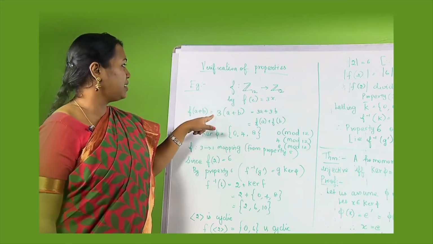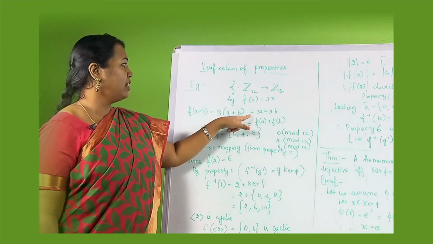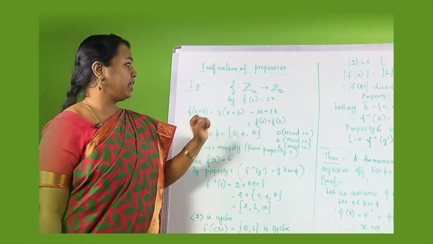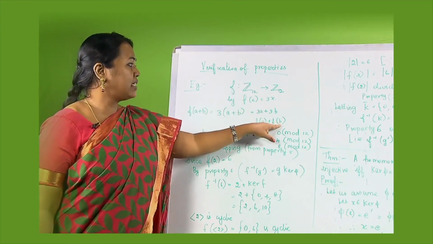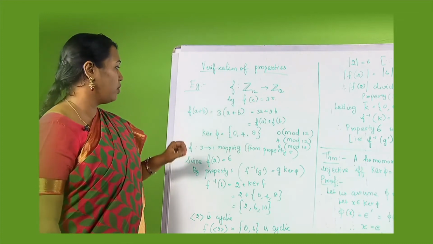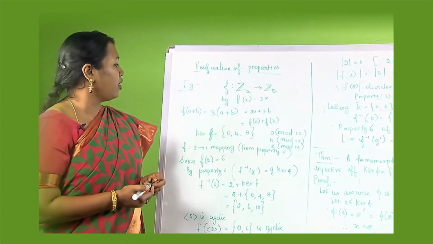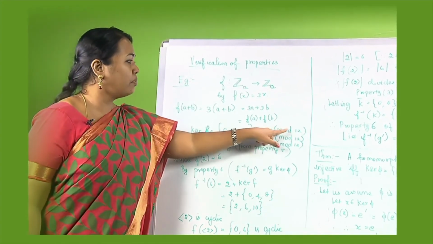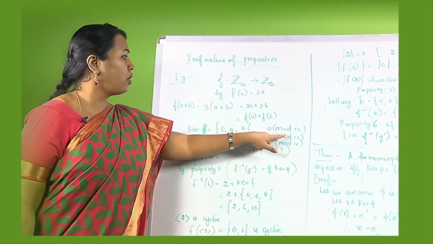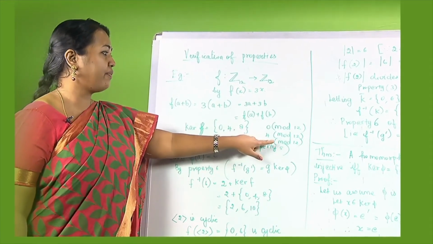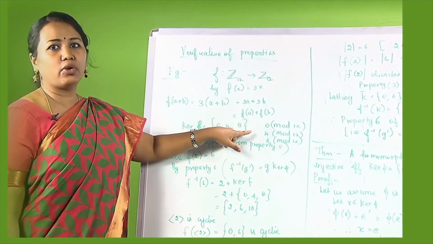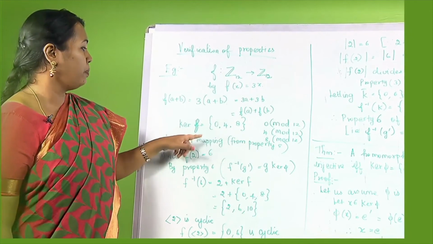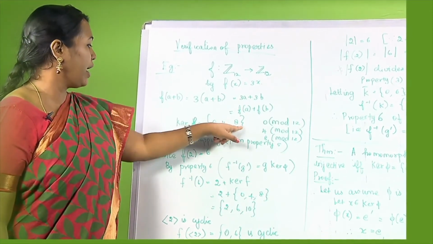F of a plus b is equal to 3 times a plus b, that is equal to 3a plus 3b, which is equal to f of a plus f of b, and therefore homomorphism holds. Kernel of this function is 0, 4 and 8. Because 0 mod 12 is 0, 4 mod 12 is also 0, and therefore 8 mod 12 is also 0, because it is a 12 modulo group, and therefore the kernel is 0, 4 and 8.